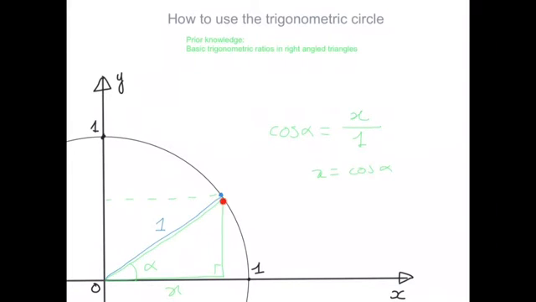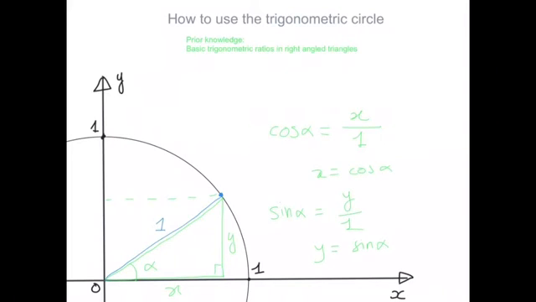Similarly, to work out the other side, which we call y, we can write that sine alpha is equal to the opposite side, y, divided by the hypotenuse, which is still 1. So y is equal to sine alpha.